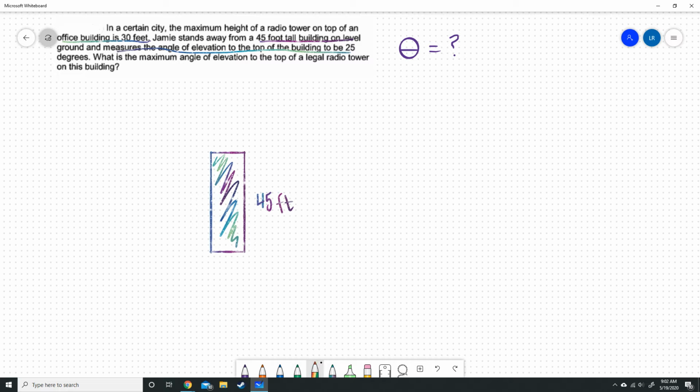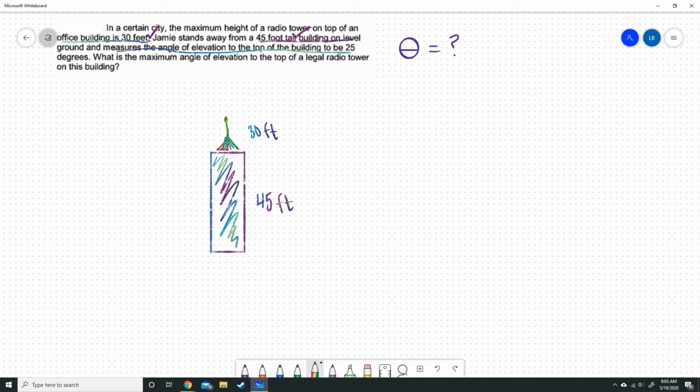So maybe it looks something like this, a radio tower with a little antenna on the top. I don't know if that's what a radio tower looks like. Just pretend. And that is 30 feet. Okay, so I've incorporated this.